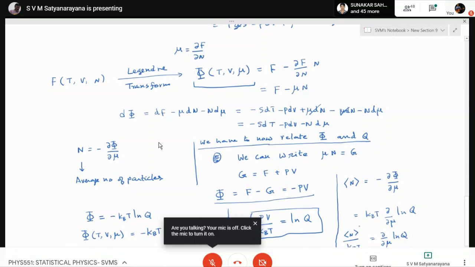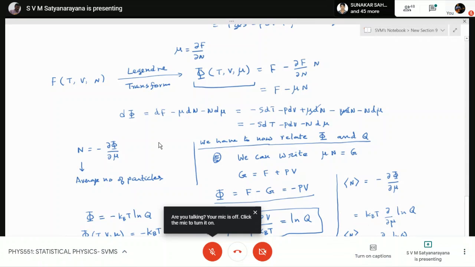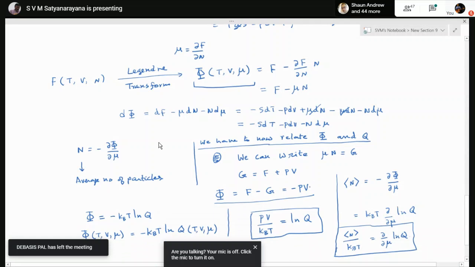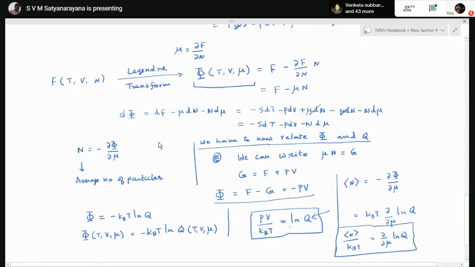I am just mentioning these two because if you find out the grand canonical partition function Q once, then you can relate it to PV by kBT and this one. You can see that the right hand side is a function of mu, and similarly this right hand side is also a function of mu.